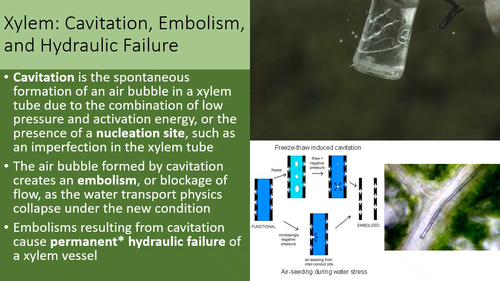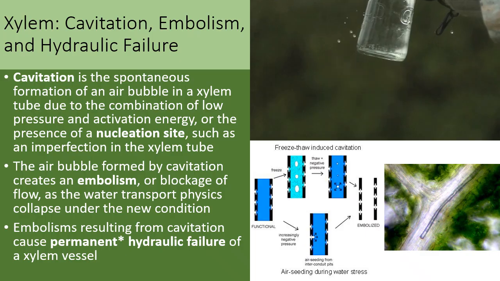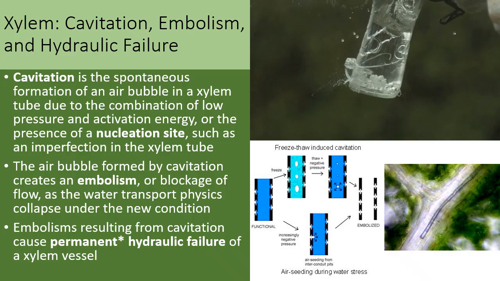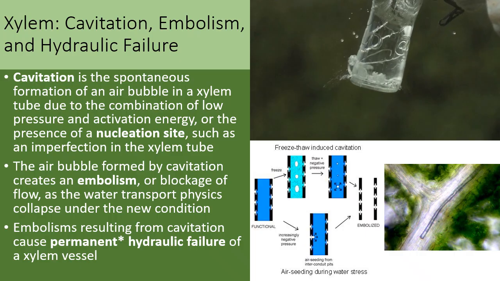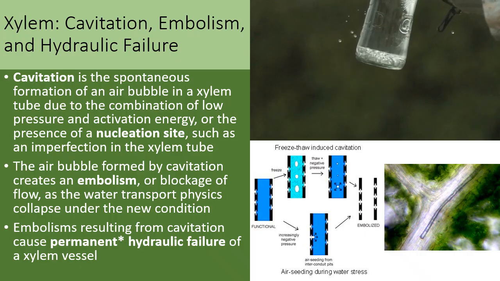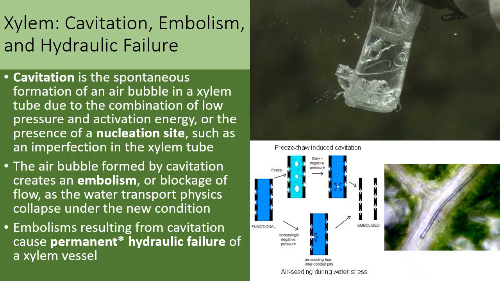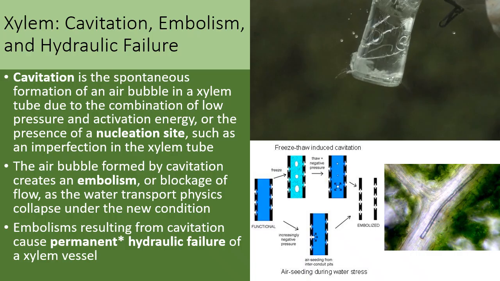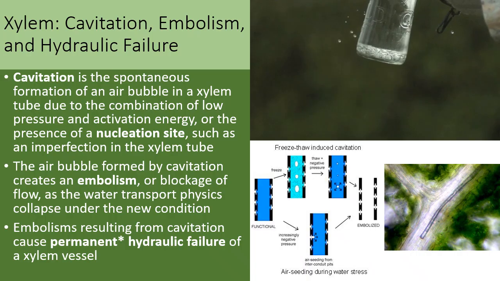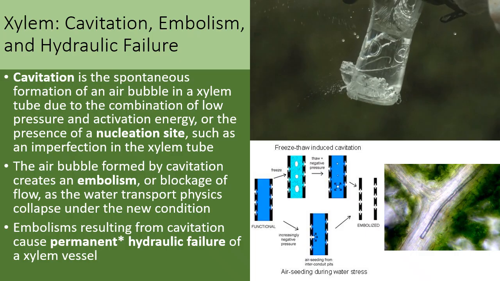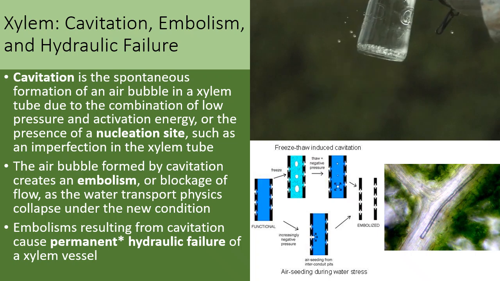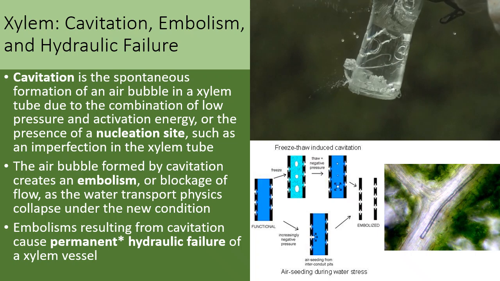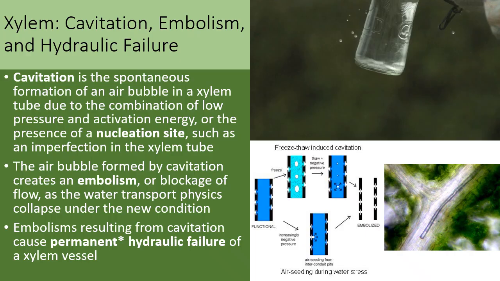That's more of a problem for engineers. But in xylem tubes, if the water pressure is negative 16 atmospheres, it really should be boiling, because there's not enough pressure smashing that water together anymore. So it wants to expand and turn into a gas. The problem is that that is a phase change, and that requires either activation energy or the presence of a nucleation site, such as some kind of imperfection in a xylem tube.